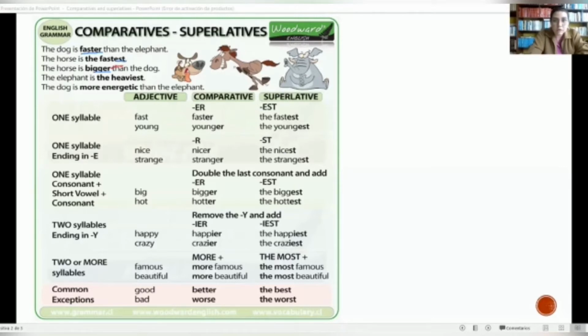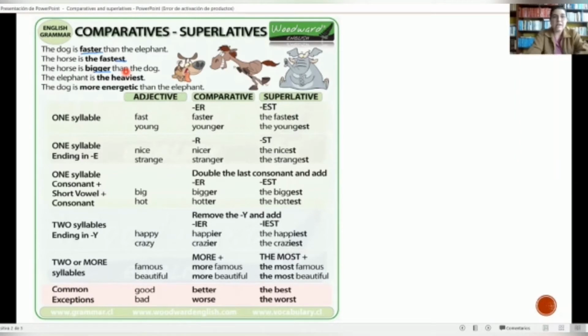I'm sorry, let me put this better. You need to use than. It's so important that you use than, because when talking about two things, you need to say the horse is bigger than the dog.